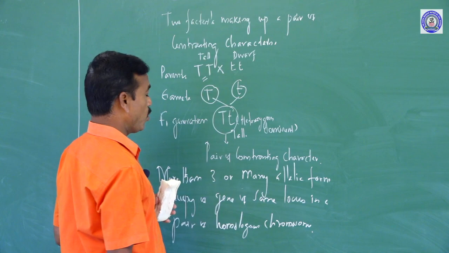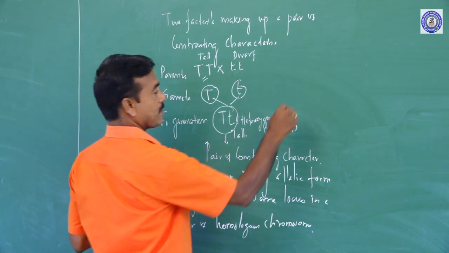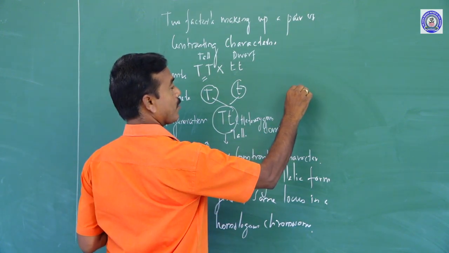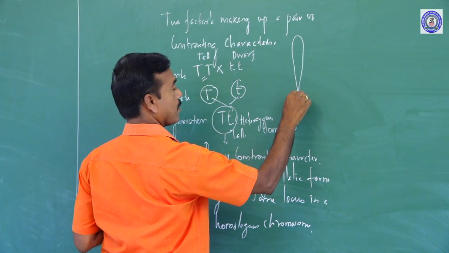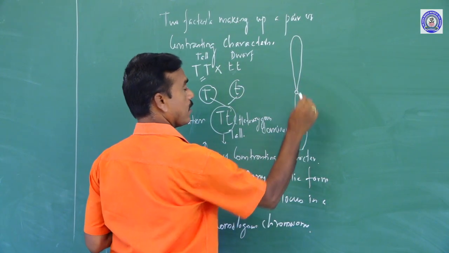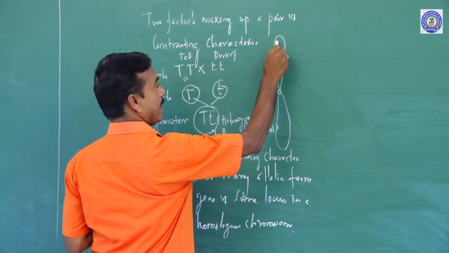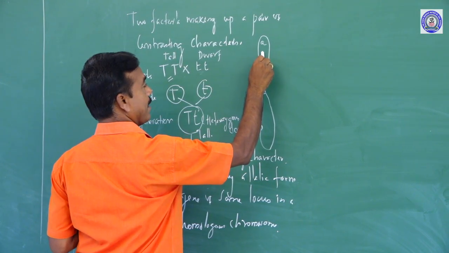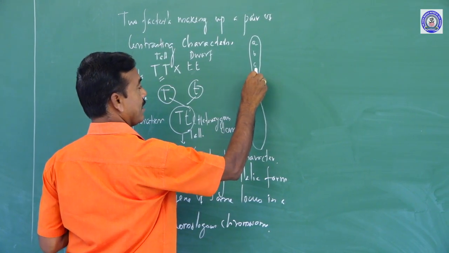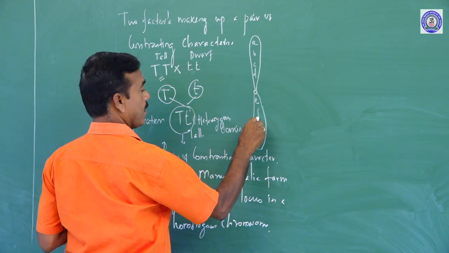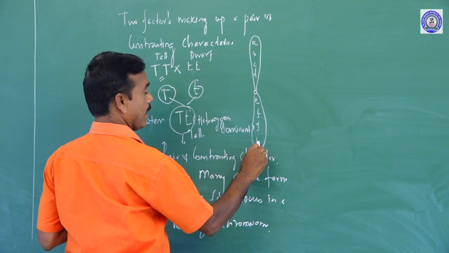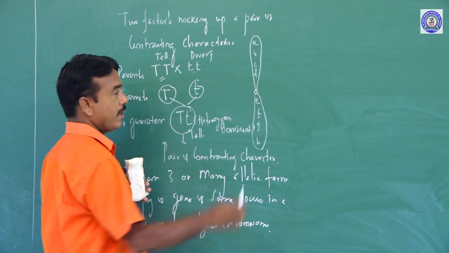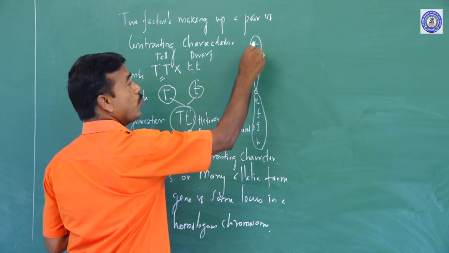You have already studied what is called a locus. These are chromosomes, and the genes are there: A, B, C, D, E, F, G, H, like this. Each one is considered a gene.